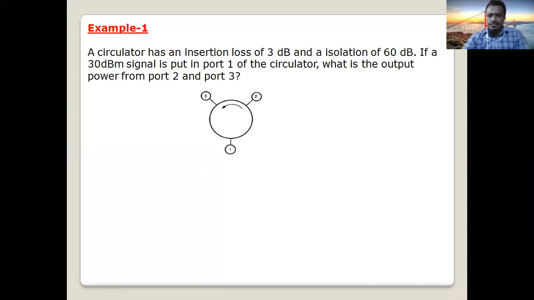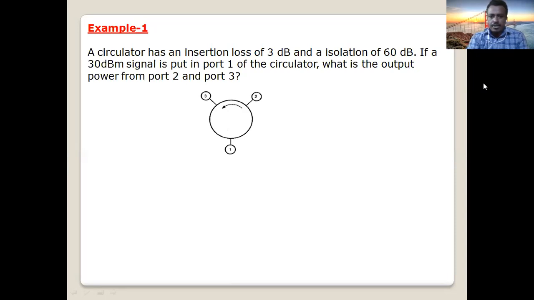Okay, let's see a couple of examples on components. We are discussing microwave components.